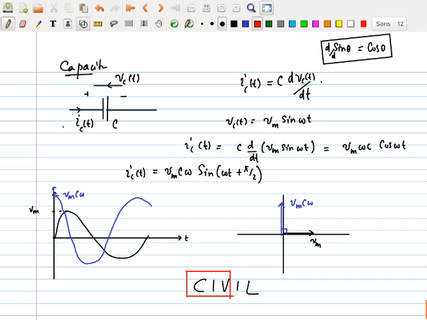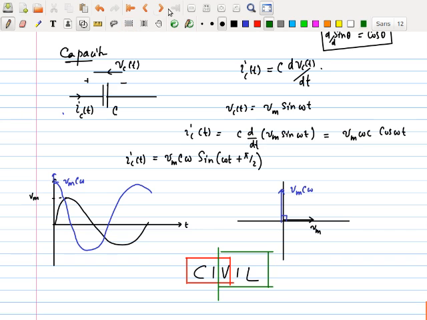You have I leading V, right? If I look at the other part of it, you realize for an inductor you have V, which will lead I. Right? We are going to see it in a little while. So now if I take a capacitor and want to draw the phasor diagram, this is how the phasor diagram is going to look like. Right?